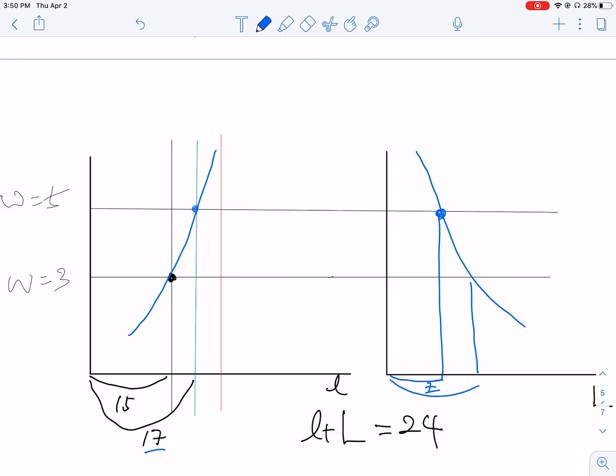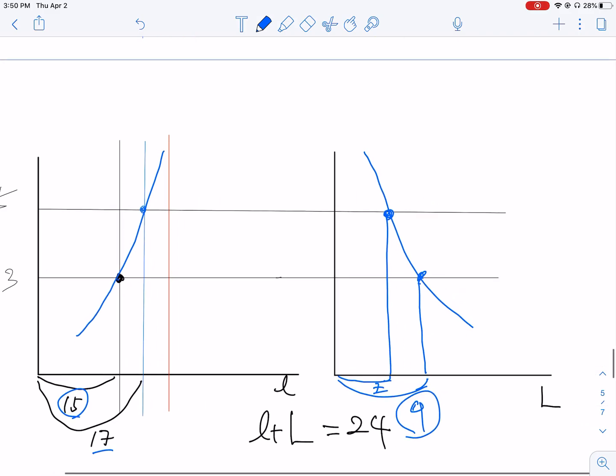On the other hand, when wages are $3, the consumption of leisure is 15 hours, right? That means the supply of the labor will be 9 hours, right? So that 9 and the 15 adds up to 24, right? So this becomes basically the labor supply curve.